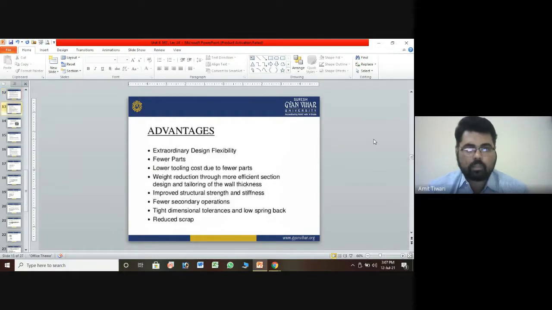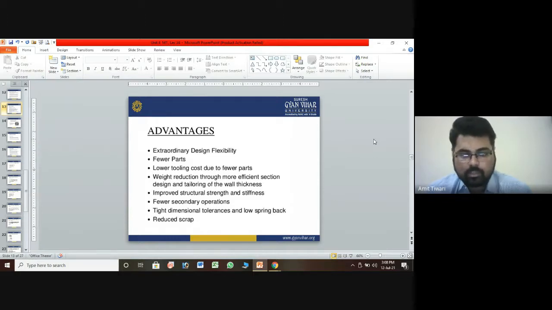Now the advantages of hydroforming. First, extraordinary design flexibility. Fewer parts and lower tool cost due to fewer parts. Weight reduction through more efficient section design and tailoring of the wall thickness. Improved structural strength and stiffness.